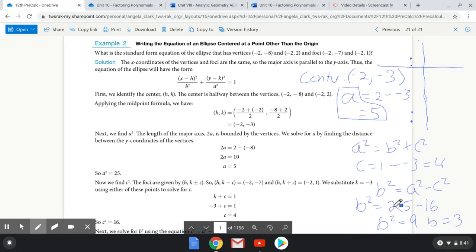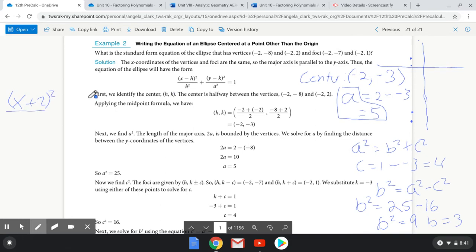All right, so we have A, we have B, we have the center. So let's go ahead and write our equation. So our equation is going to look like this. So we're going to have x minus the x value in the center. So that's going to be x plus 2 squared over, this is going to be b squared.